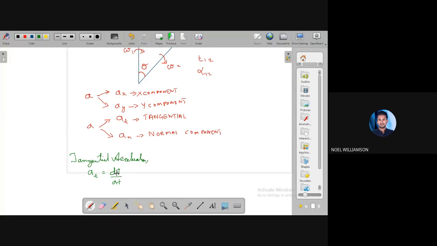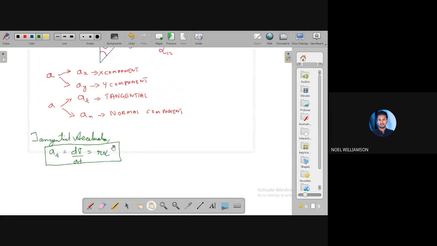If it is 1, then dv1 by dt; if it is 2, dv2 by dt. Anyway, tangential acceleration is dv by dt, which is given by r into alpha, since v is r omega. So this is the tangential acceleration.